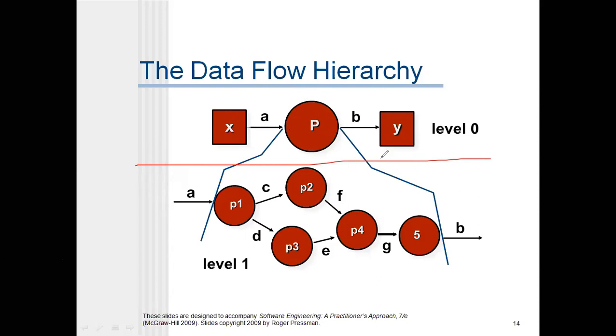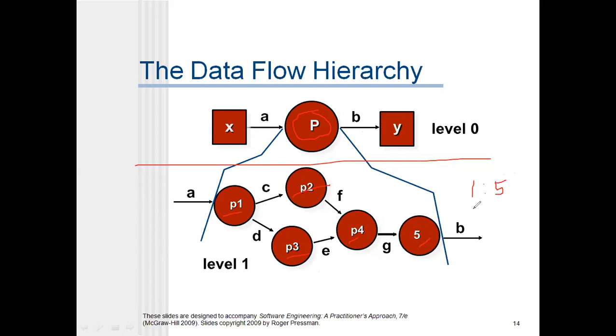If you see the level 1 representation, this overall total process may have 1, 2, 3, 4, 5 subtasks. A 1 to 5 ratio, we have already seen. What is the ratio of the level 1 representation? Here it is a 1 to 5 ratio. A 1 to 5 ratio means this is one process, one process unit, and that process unit may be divided into five submodules. Five submodules here.